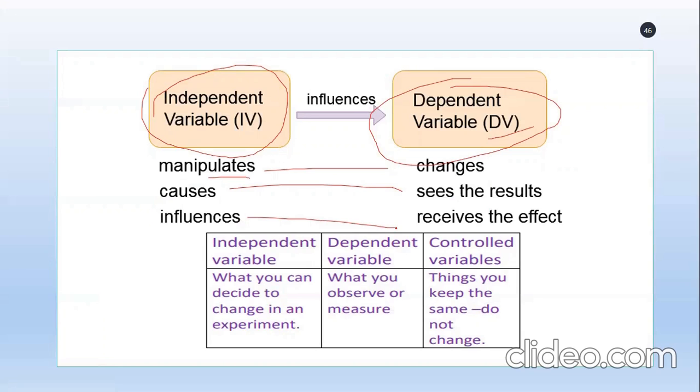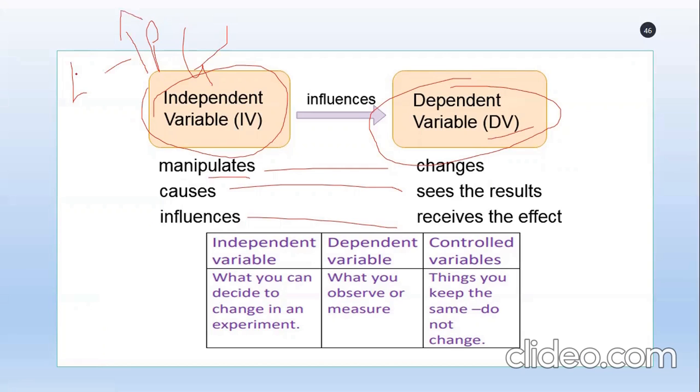Like for example, if I take an example of the effect of light on plant growth. So if I'm talking about light, just put a question to yourself: if a plant gets a sufficient amount of light, it grows very well, the growth is positive.